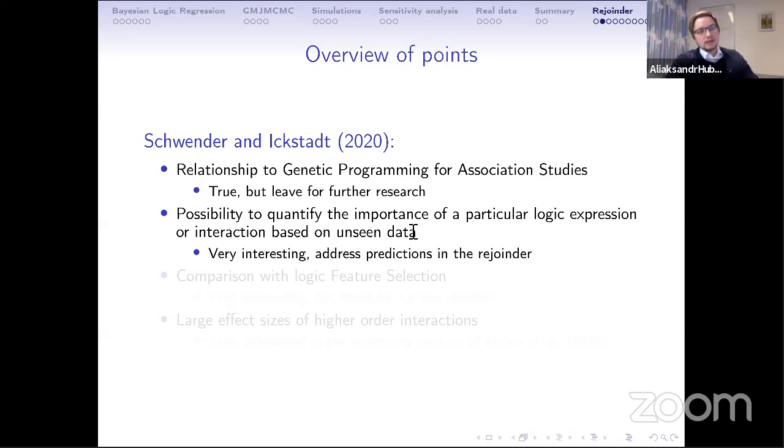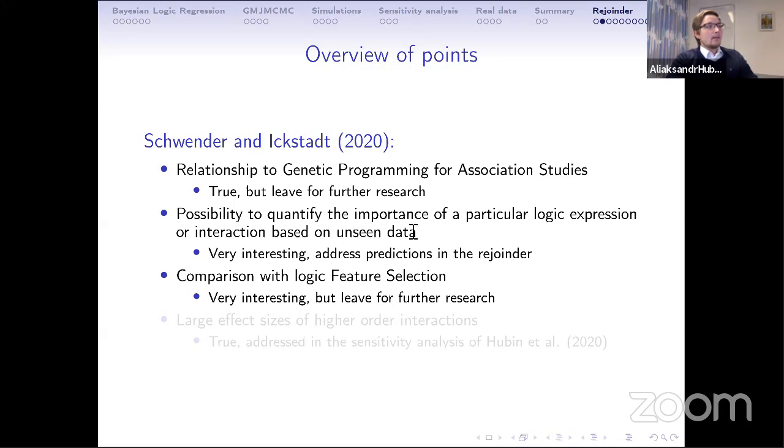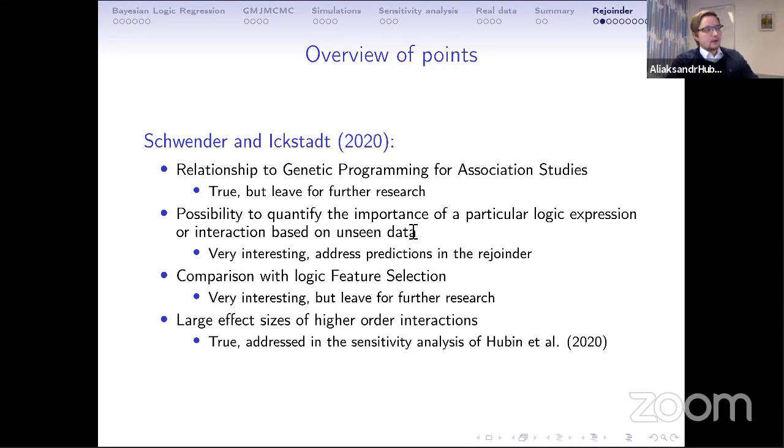And of course, once one is recovering the data generating model, for instance, then of course the predictions are also going to be close to perfect. This is pretty much the same comment that one could use this logic feature selection approach, which is very interesting. However, we didn't have the capacity to address this in detail in the rejoinder.